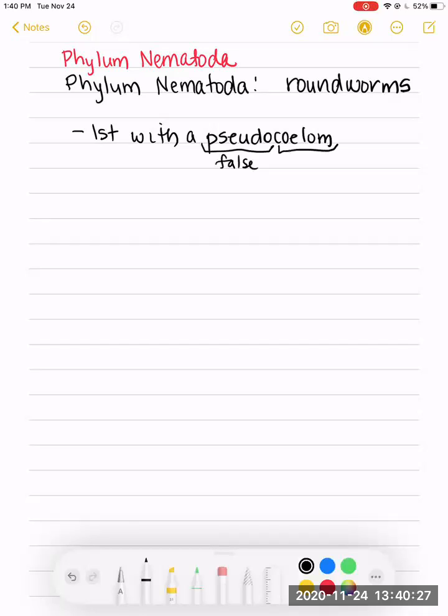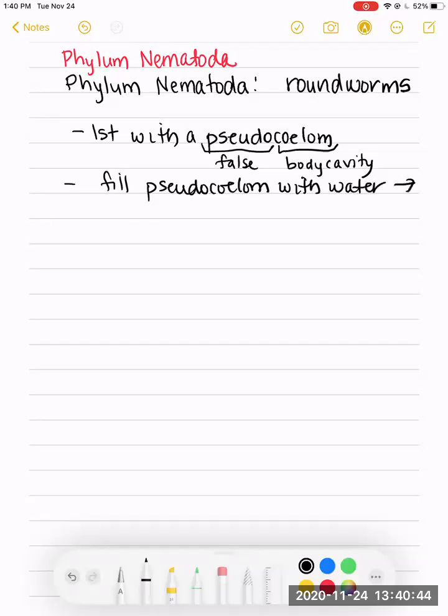And of course, the coelom is the body cavity. They can fill that pseudocoelom with water or other fluids. And it forms what's called a hydrostatic skeleton.